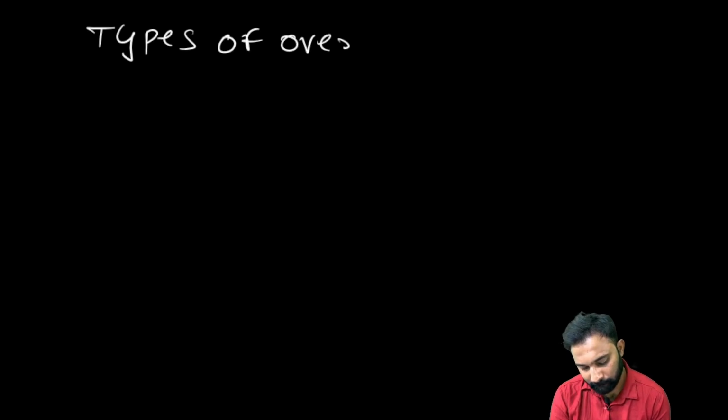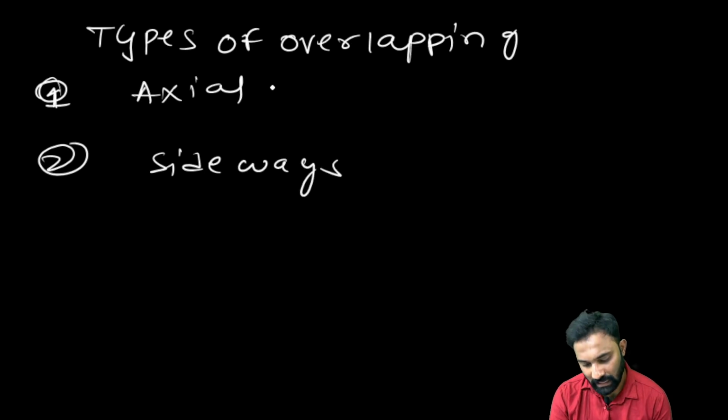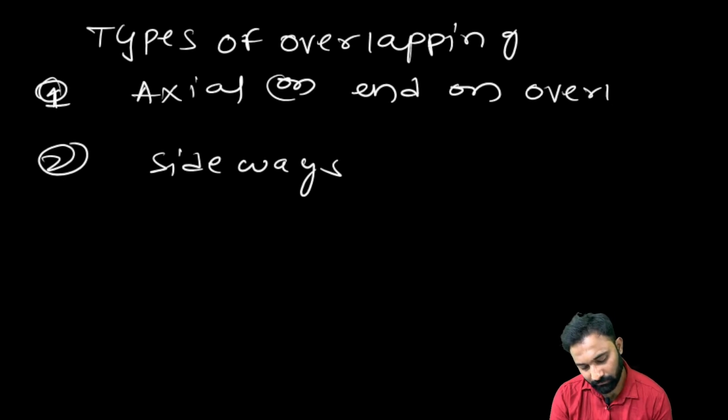The types of overlapping: first one we have axial overlapping, second we have sideways overlapping. Axial or end-on overlapping, or head-on overlapping.